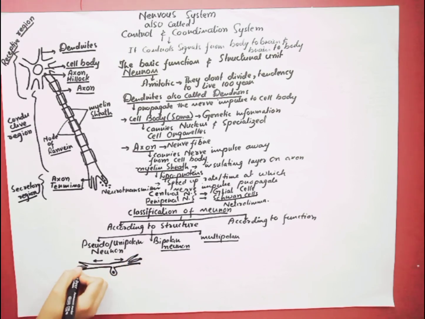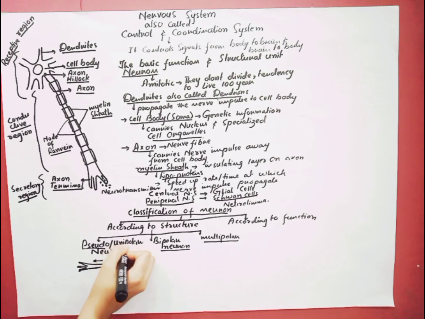These are not dendrites, these are the false structure, so we called it pseudo neuron. And you may see here is only one pole, which is the soma or cell body, so we called it unipolar neuron. Most of the sensory neurons are pseudo or unipolar.